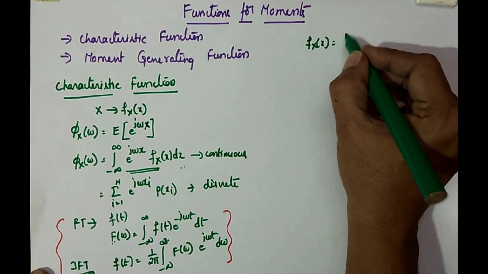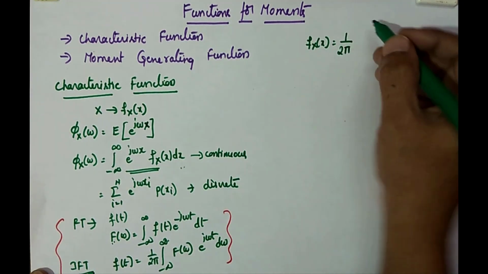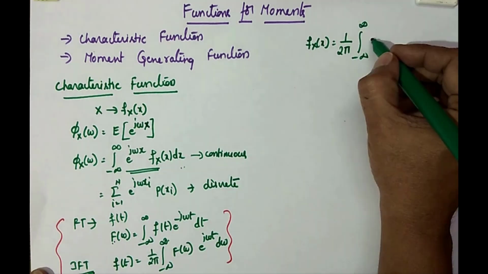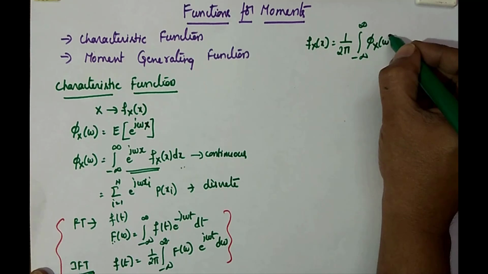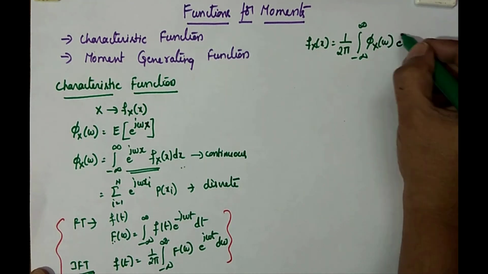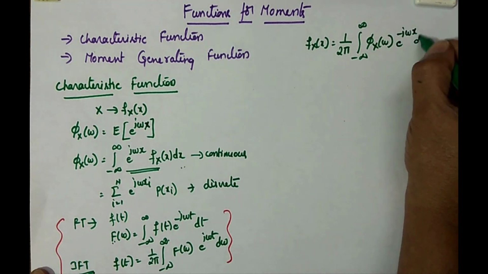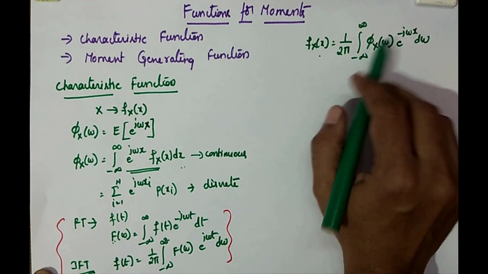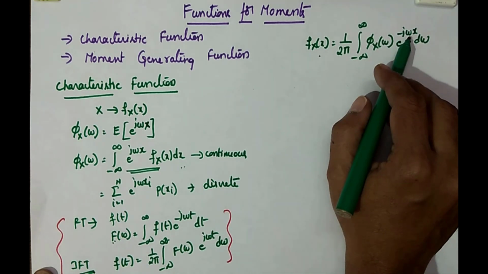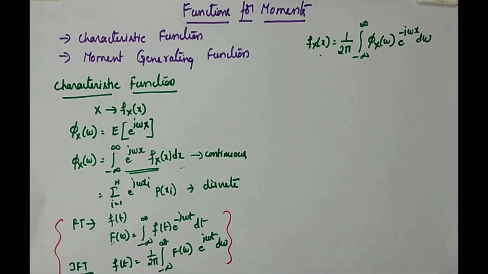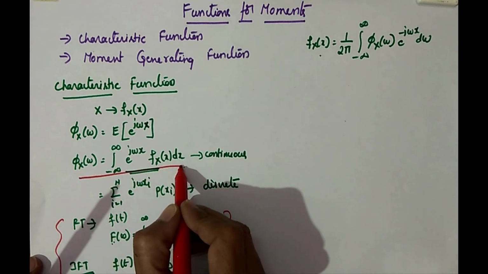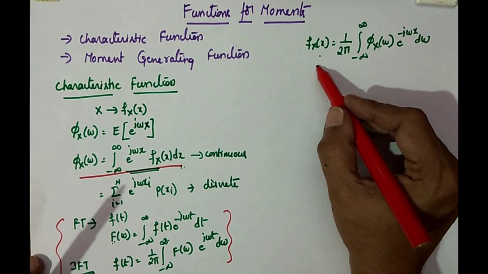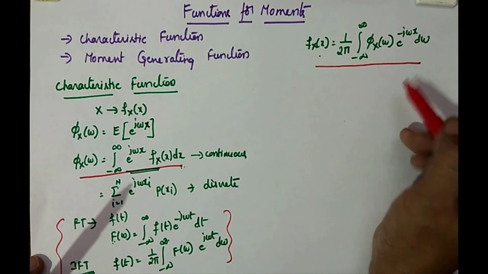If you apply it, you will get fX(x) equal to 1 by 2 pi into the integral from minus infinity to infinity of this characteristic function phi X of omega into e power minus j omega x d omega. Here also the equation is the same, but only the sign of omega is reversed. You can use the earlier formula to get the characteristic function, and from the characteristic function, if you want to retrieve your density function, you have to use this formula.